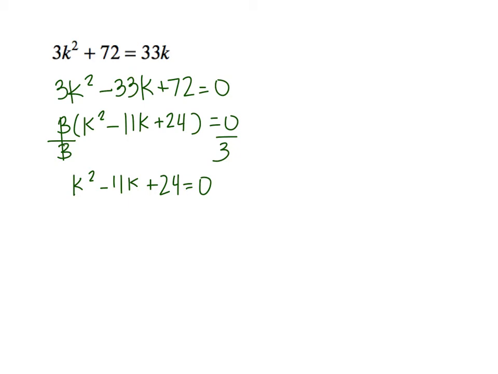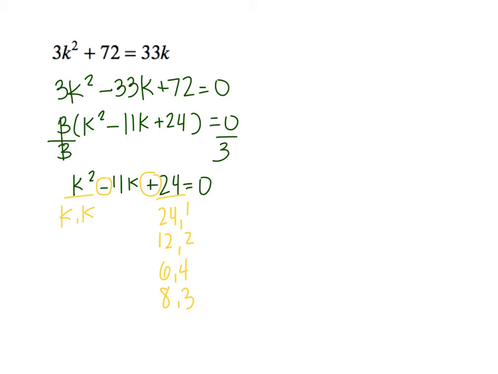Factoring this, we'll find our factors, k and k. We have 24 and 1, 12 and 2, 6 and 4, and then 8 and 3. We're looking for a sum. They're both going to be negative. So now we're looking at this. Which one of these will give me a sum of 11? 24 and 1, 25, no. 12 and 2 is 14, no. 6 and 4, 10.